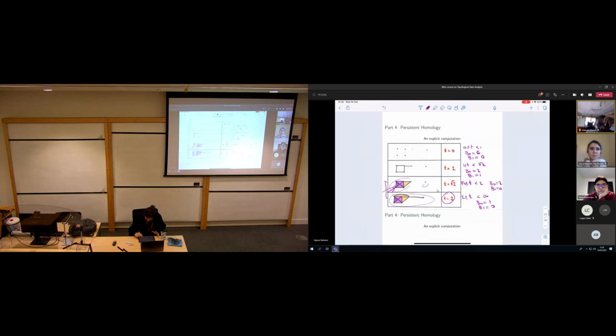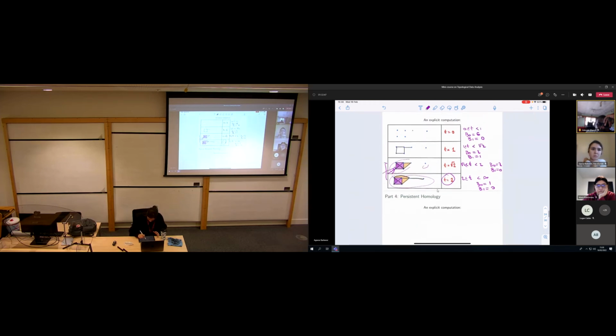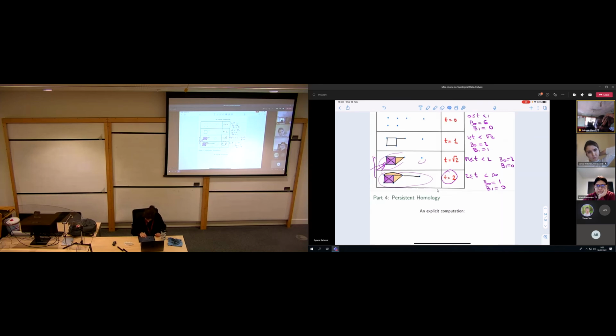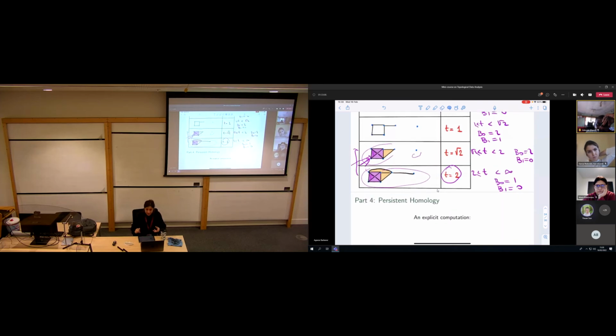I think if you keep increasing t, there's something else. Say it again, sorry? If you keep increasing t up to, let's see, square root of 10 or something, wouldn't you get another connection? You would definitely get other connections, but you wouldn't get any feature, because you would get many connections.